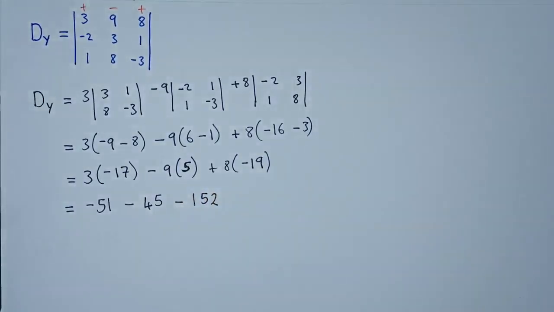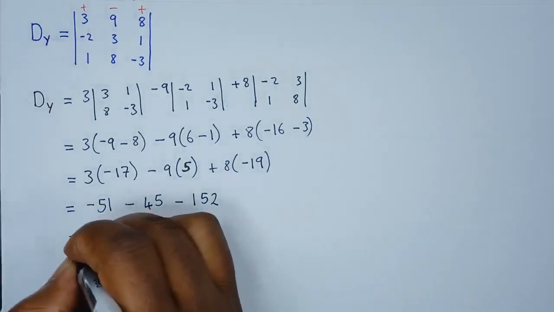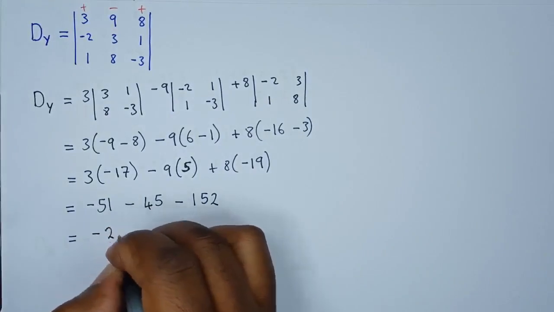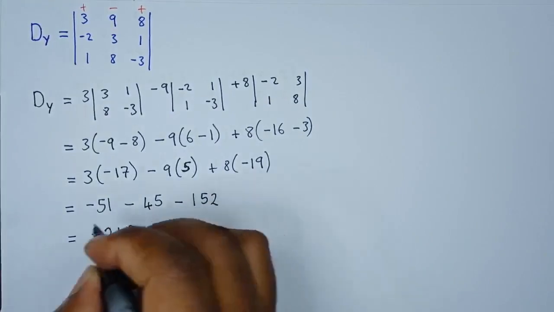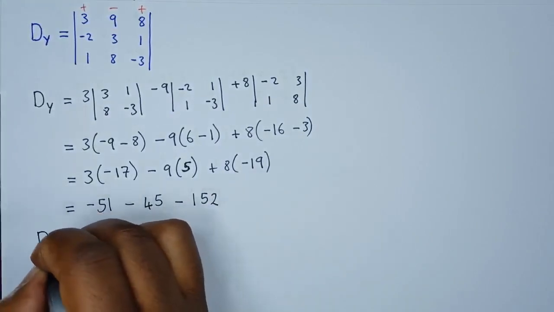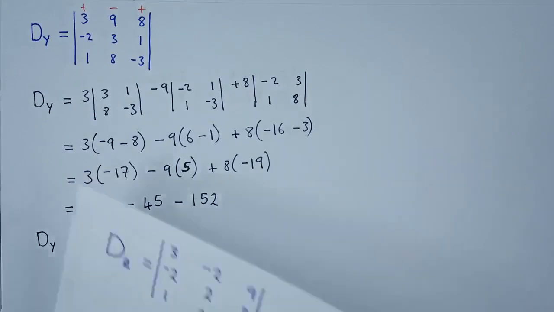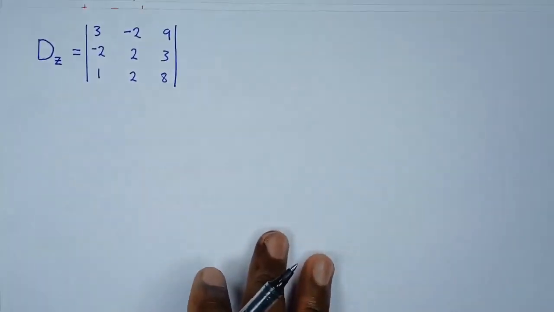So if we put everything together, 152 plus 45 plus 51, we are finding a negative 248. So this is the value of dy. Okay, so let's do the last part now, which is finding the value of dz.